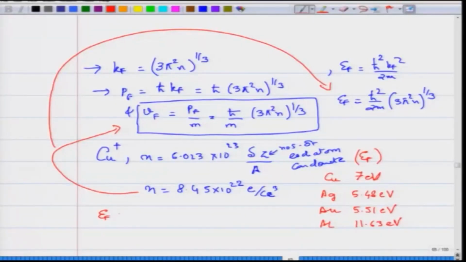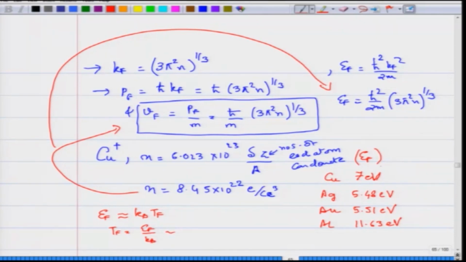If we were to estimate what temperature corresponds to this much energy and see whether thermal energy can produce it, there is a very simple way of doing it. We write the Fermi energy as equal to some temperature which can give an energy equal to the Fermi energy. If thermal fluctuations are giving you this energy, we write kBT as equal to the Fermi energy. T is the Fermi temperature, the equivalent temperature which can generate an energy of this order. So, Tf is nothing else but Fermi energy by kB.